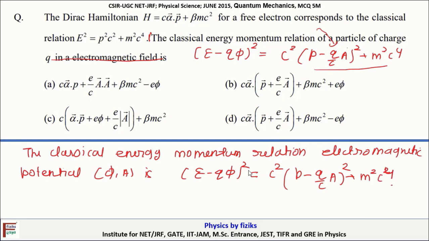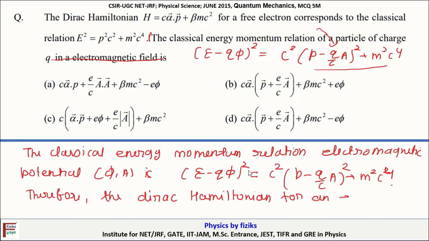Therefore, the Dirac Hamiltonian for an electron in an electromagnetic field... So this is the complete question.